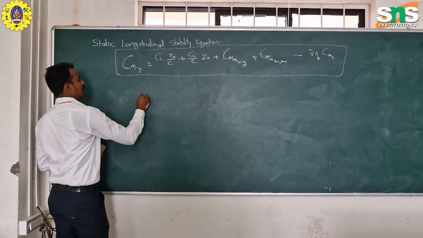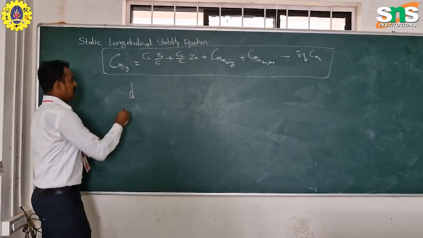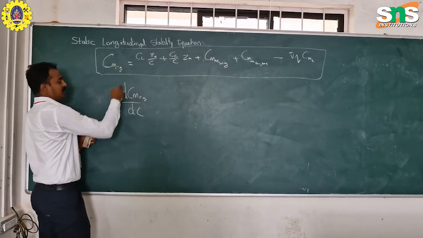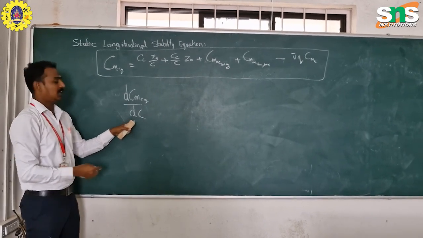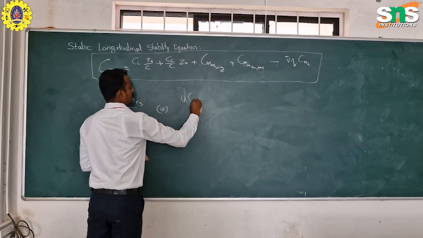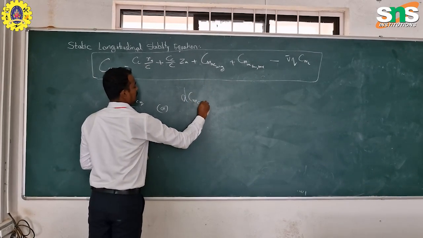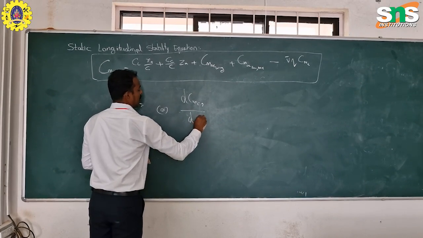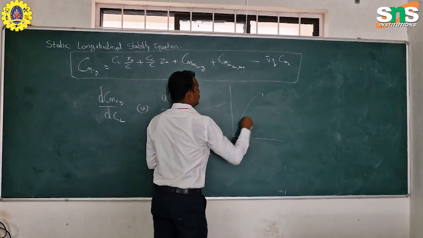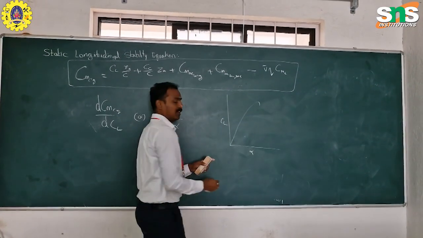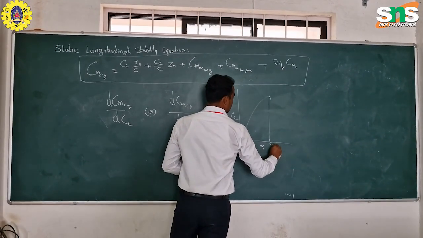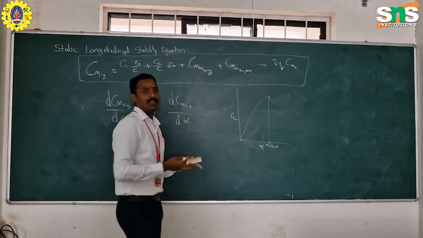So now we get the differential of C M C G with respect to C L, that is the coefficient of lift, or with respect to alpha. For C L versus alpha, we know that for any airfoil or wing, as alpha increases it will go up to the stall condition, stall alpha or stall velocity and stall lift coefficient.